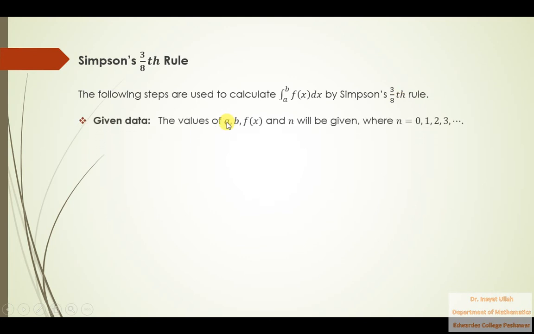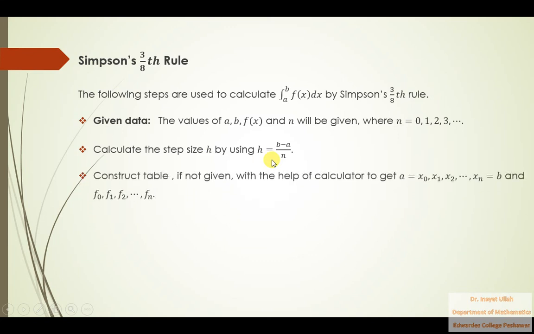The first step is the same, the old story: the values of a, b, f of x and n will be given to you. The second step is the same: you need to calculate the value of h, the step size, by this formula. The third step is again the same: you need to construct a table, if it is not given to you, to calculate the function values.